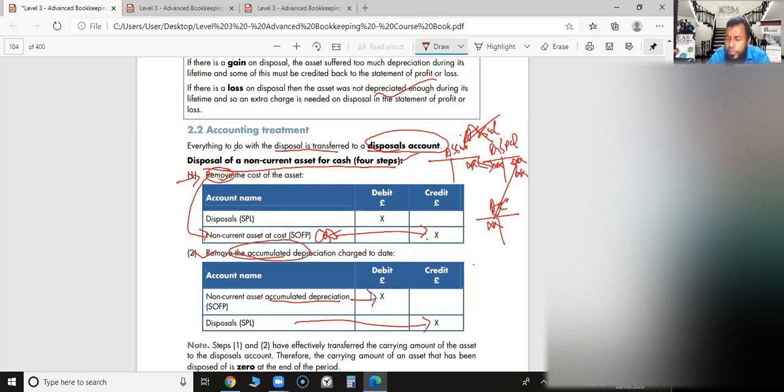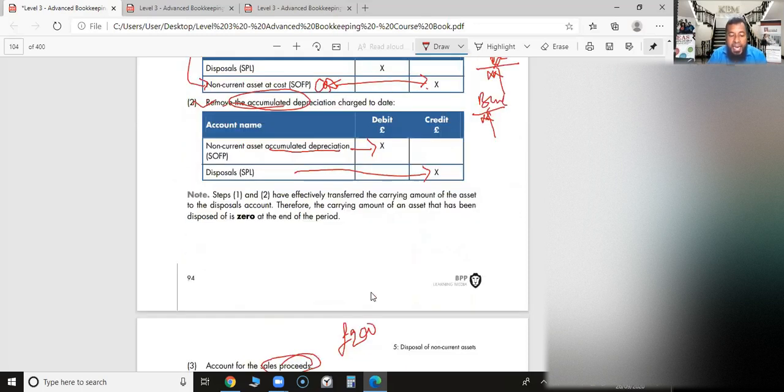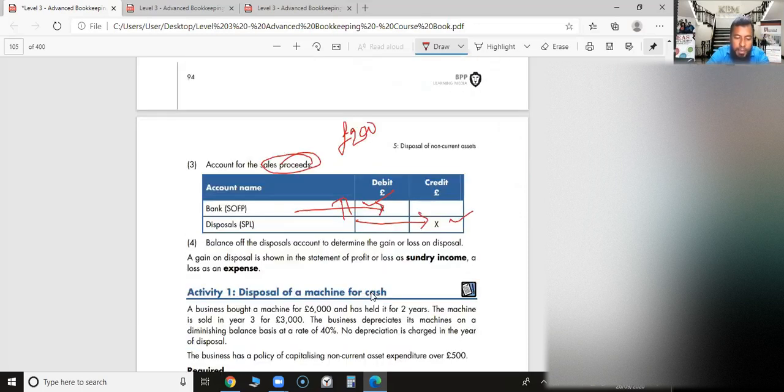If you want to do a bank account, you can, bank debit. That's how we do the T accounts. Actually, we have done three things. And the last step: balance the disposal account to find whether there is a profit or loss, gain or loss. That is our introductory talk. These steps you need to follow and remember.